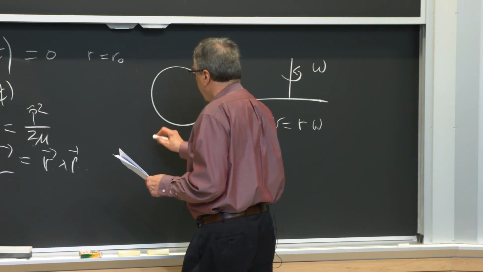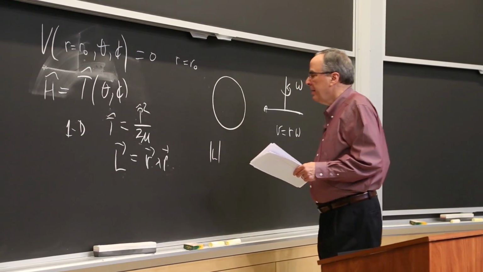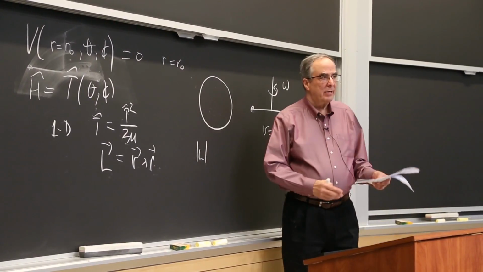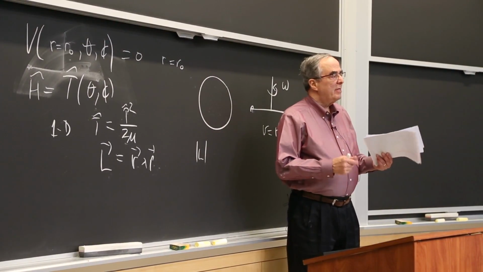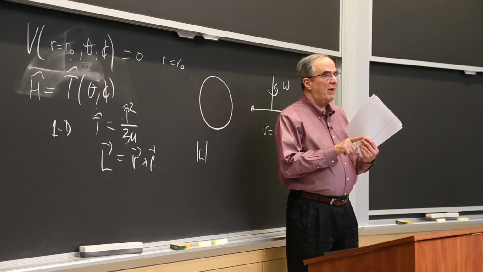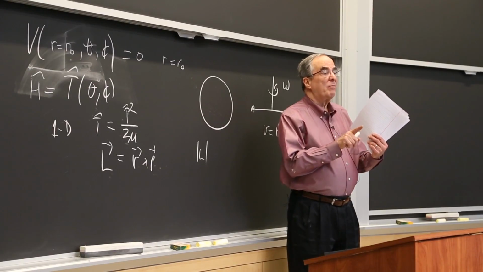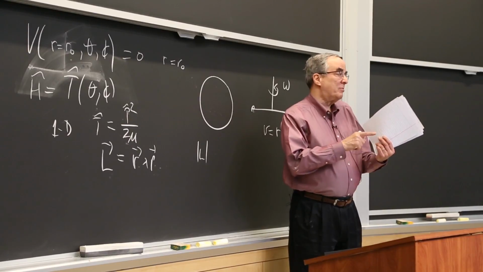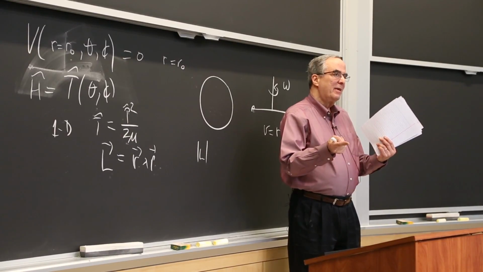So we can say, knowing that for a vector cross product, if the two things, the r and the p, are always orthogonal, then we just do r times p.